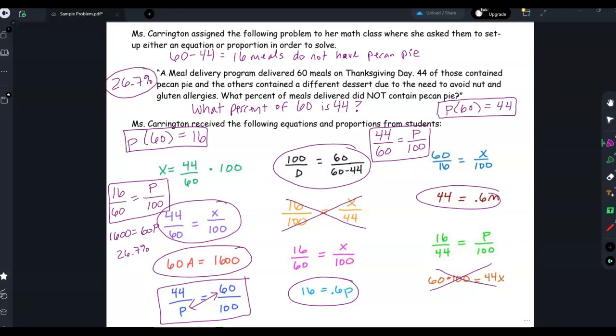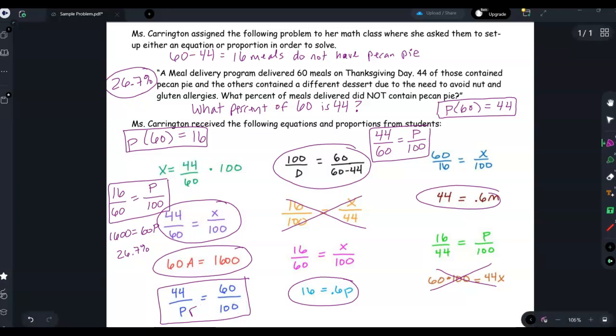Now, it's a little weird, but as long as we get the same answer when we cross multiply, and we would get 4,400 equals 60p, then that should work. So, they've kind of just, instead of putting their percent, like 100% with the percent they're trying to find on the top, they've put it next to it, right? So they basically got like the parts over on the left and the wholes over on the right.